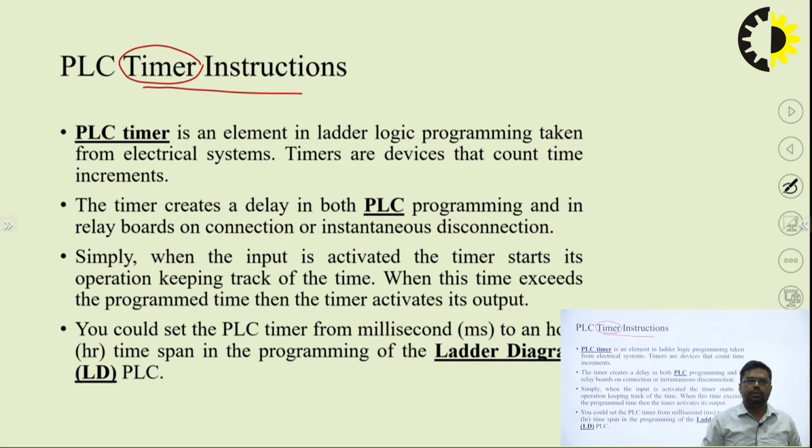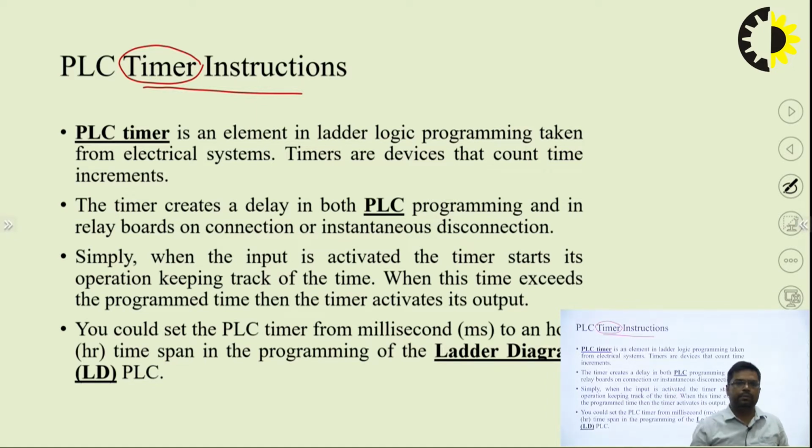That kind of operation can be done with the help of a timer. Or suppose we go away from the room, and within 1 minute the complete light and system will be shut down, switched off. That can also be done with a timer. These are very basic operations that can be done with a timer.